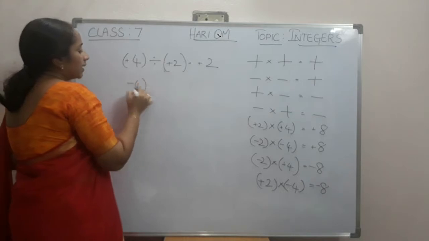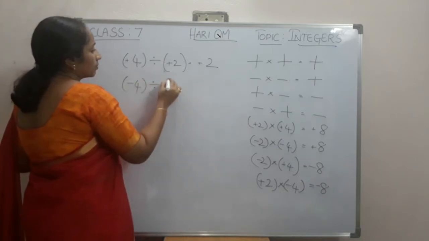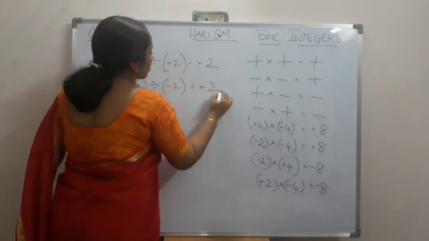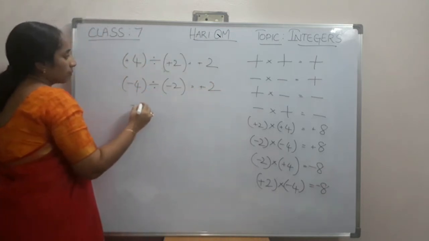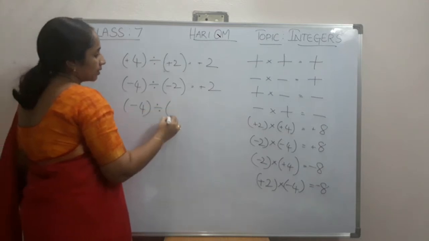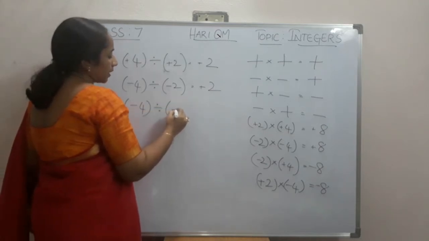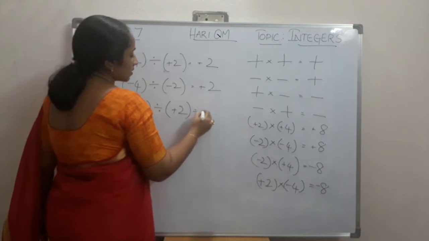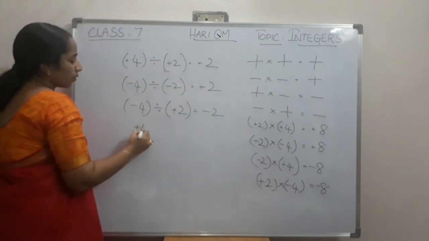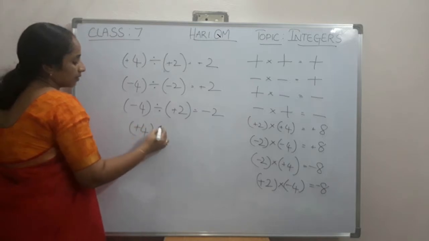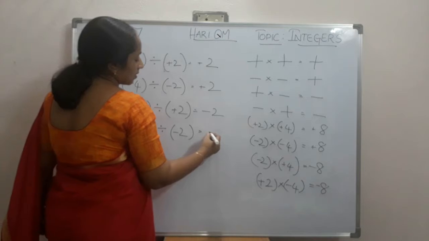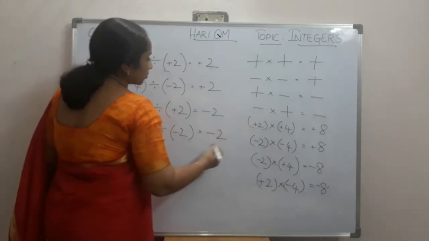Minus 4 divided by minus 2 is also plus 2. Minus 4 divided by plus 2 is minus 2. Plus 4 divided by minus 2 is minus 2.